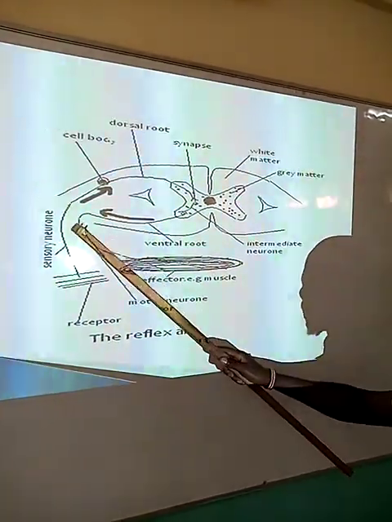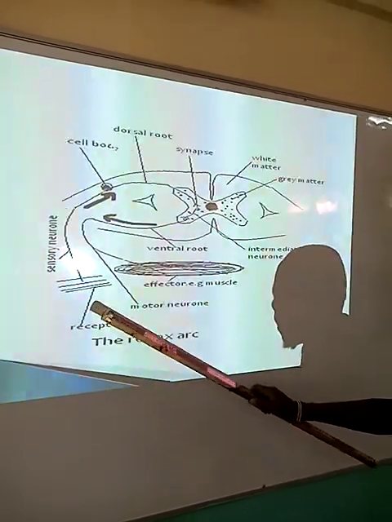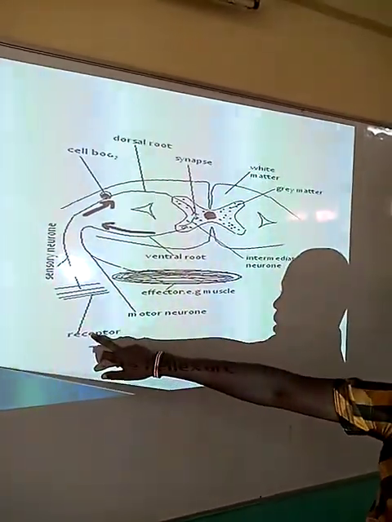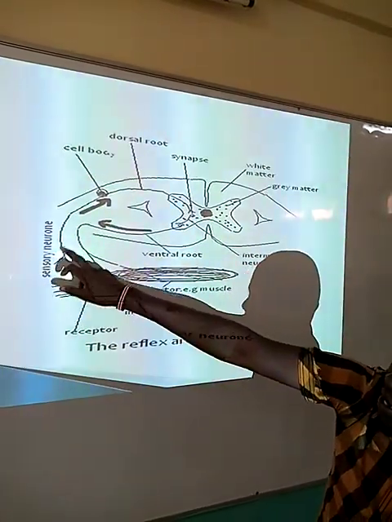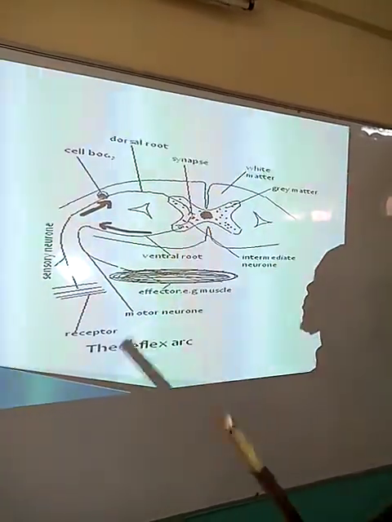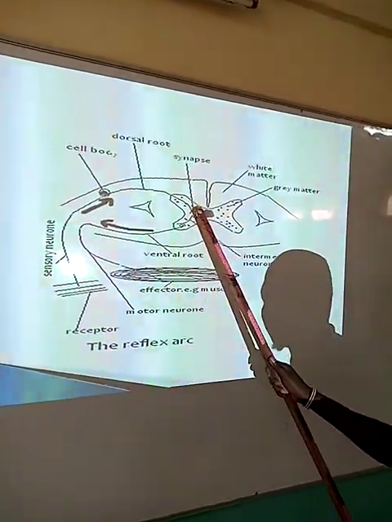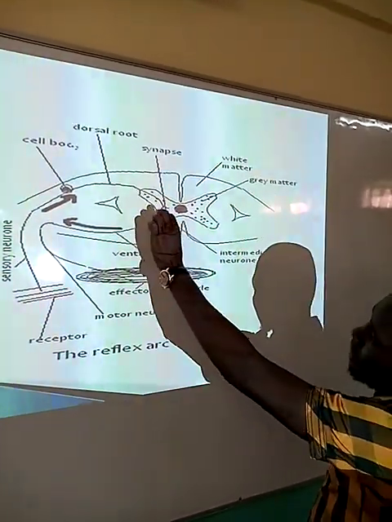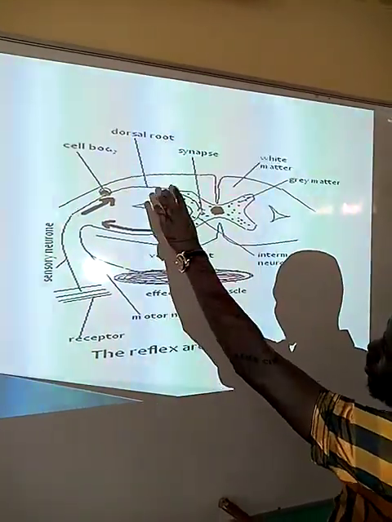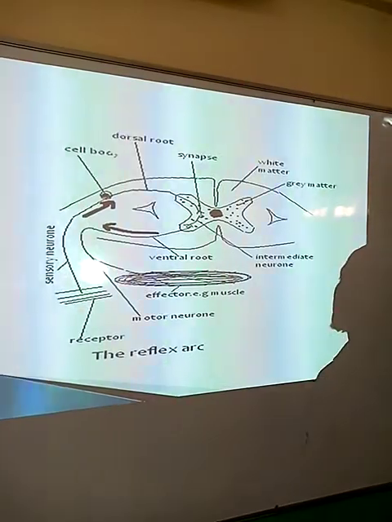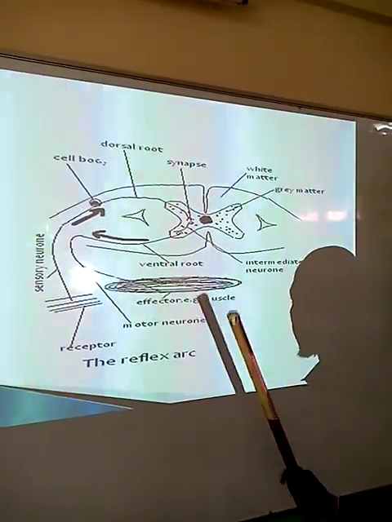So when your hand is pricked by a sharp object, it is detected by the sensory neuron that sends the information to the gray matter of the spinal cord. Then we realize that in between the sensory neuron and the motor neuron, there is another neuron that we are calling the intermediate or relay neuron.